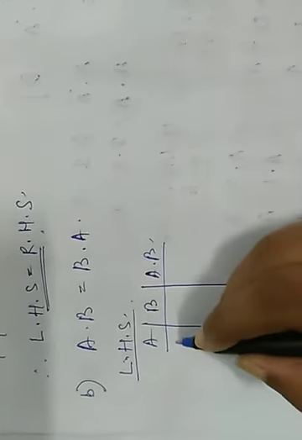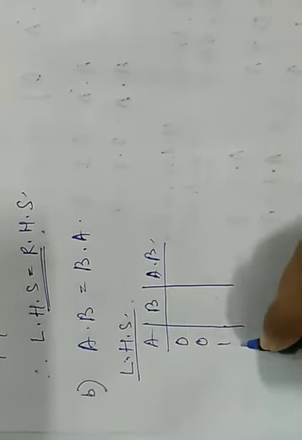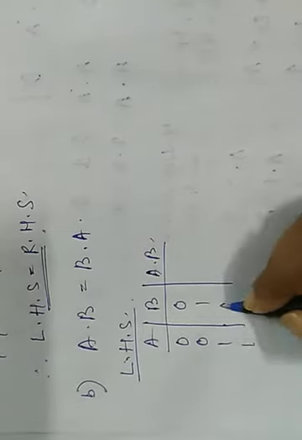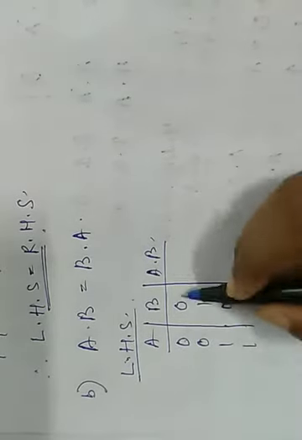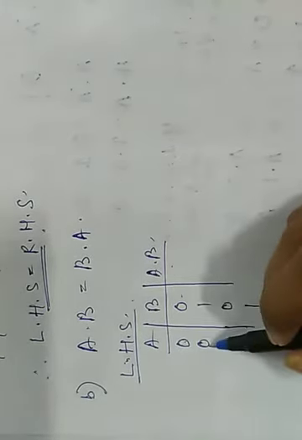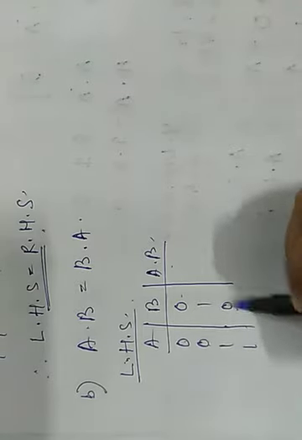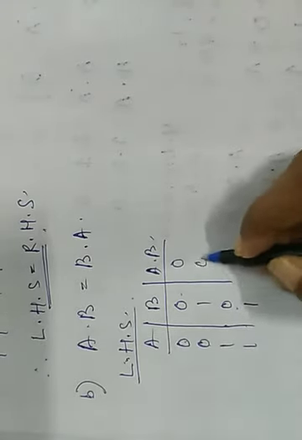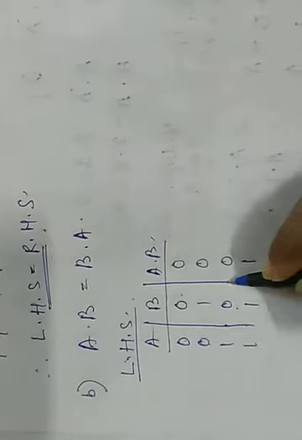Here the value of a is 0 0 1 1, the value of b is 0 1 0 1. So obviously, in AND operations, having 0 on one single input line, the output is 0. So 0 0 0 1.